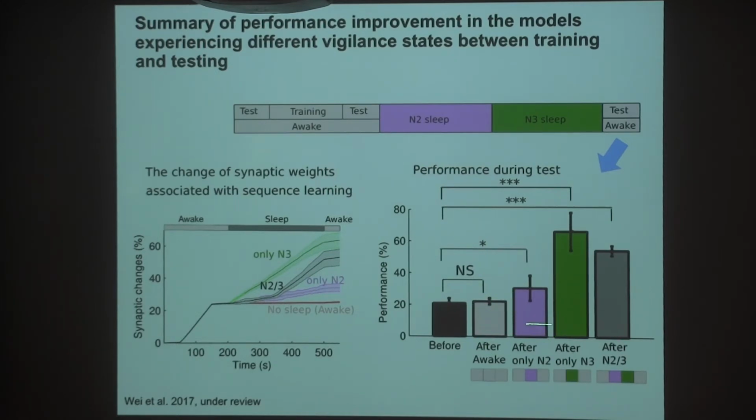And if there are different sleep stages, there is a significant change in performance. And if we look at synaptic weights in this area of interest, we can see that during training, obviously, synaptic weights increase, but during sleep, they increase as well. So that's why we have a performance increase after sleep.